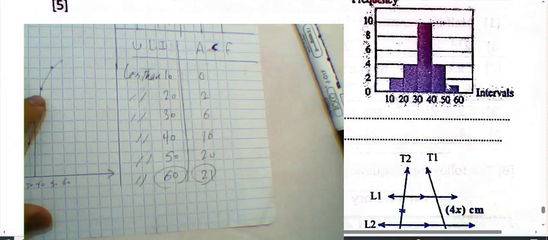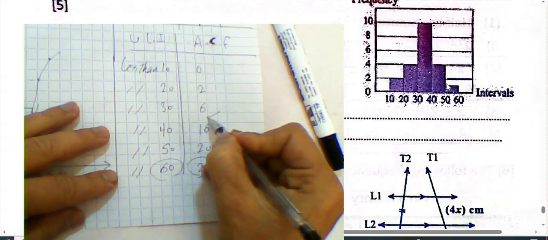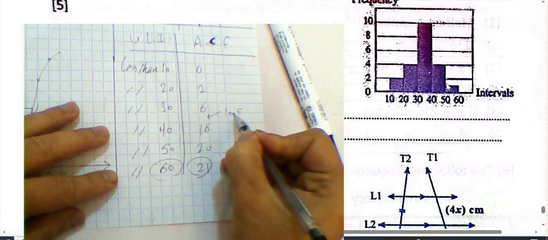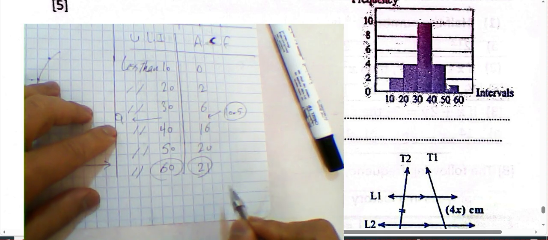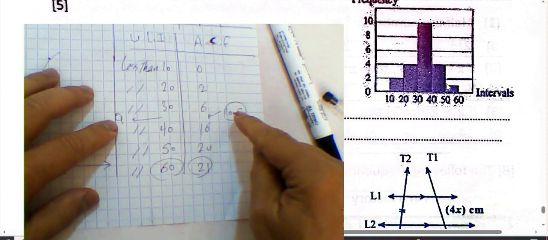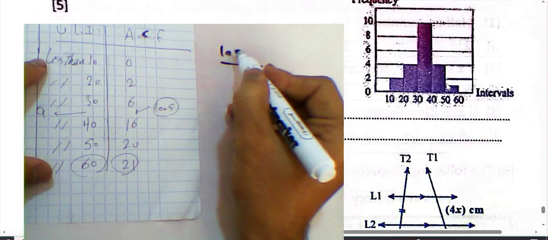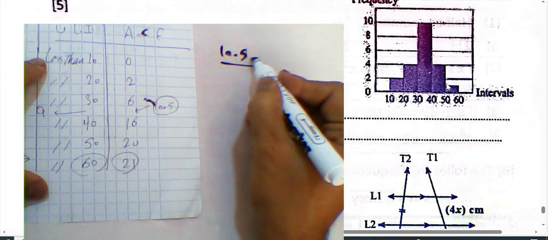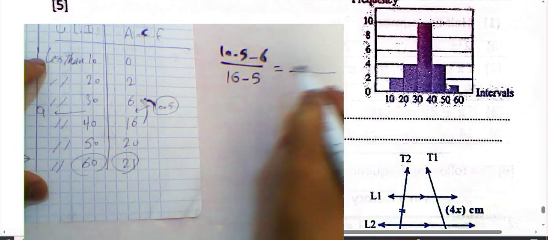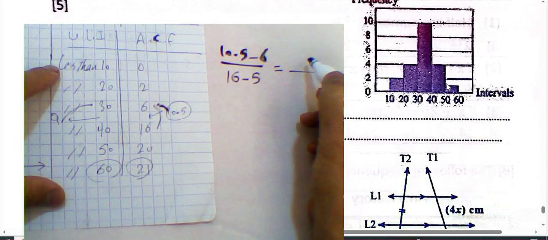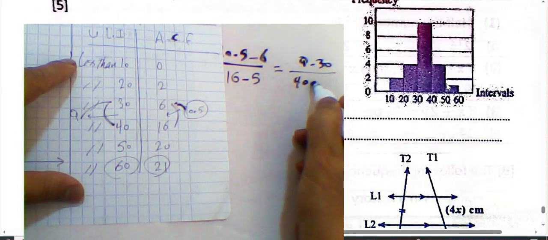Do you remember? Right here we have 3 digits and 3 digits. Half of this, it will be 10 and a half, lies between them. And here we write Q, the median. It's the order of medians, and then write the relation: 10.5 subtract 6 over 16 minus 5, equals Q minus 30 over 40 minus 30.